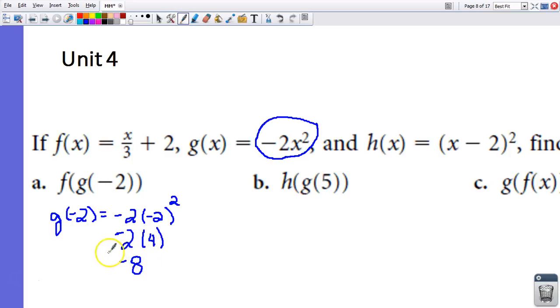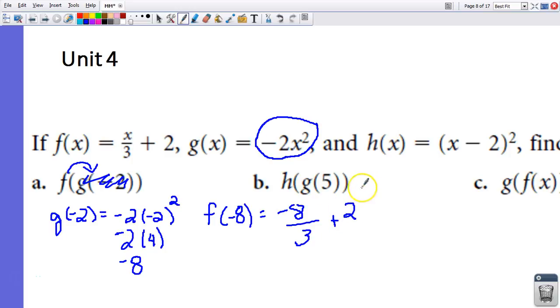Now we're not done. We have to go back in, and now we have to find f of -8. Okay, because first we had to find out what g of -2 was, and now we have to find out what f of that answer is. So instead of an x, I'm going to put -8. So now I have -8 over 3, and I'm going to add 2.